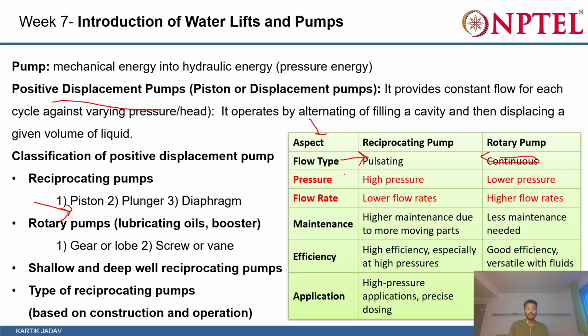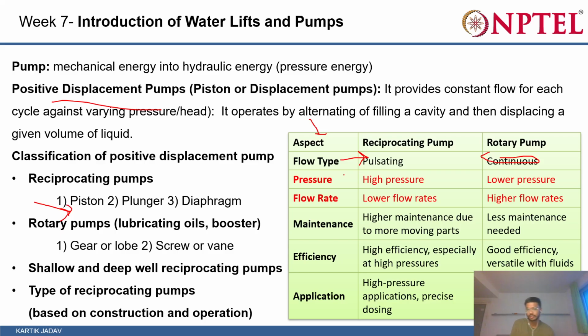Then we have pressure. Generally, the reciprocating pump operates at high pressure, while the rotary pump operates at lower pressure. And flow rate: generally lower flow rates in the case of the reciprocating pump, while higher flow rates in the case of the rotary pump.